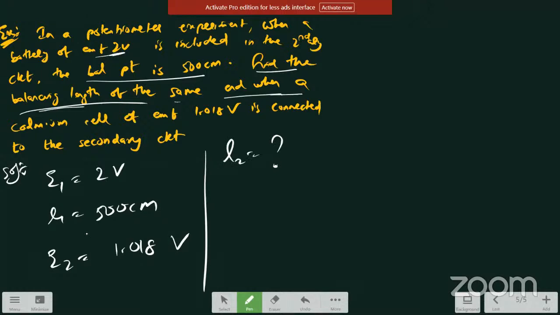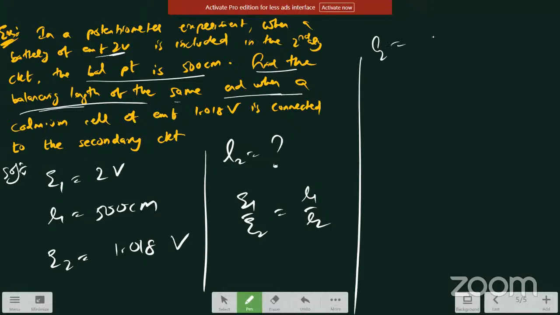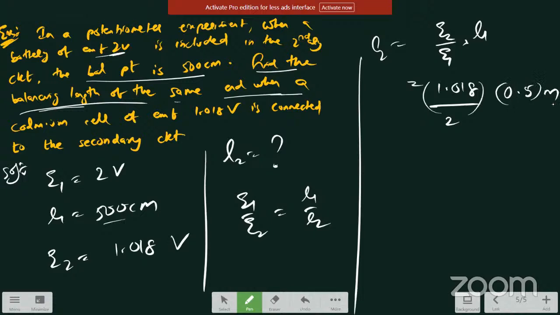We know how to compare the cells: E1 by E2 is equal to L1 by L2. I have to find L2, so I will write E2 by E1 into L1. So E2 is 1.018 by E1 which is 2, into L1 which is 500 centimeter. 500 centimeter can be written as 0.5 meter, or let it be 500 centimeter only, no problem.